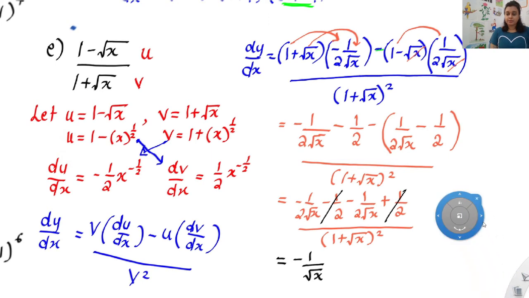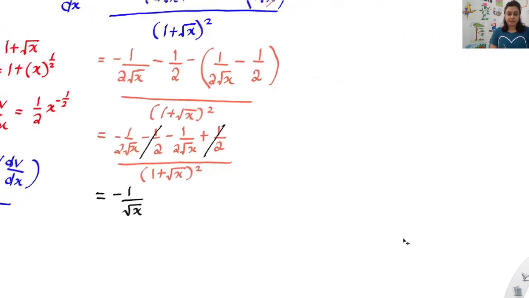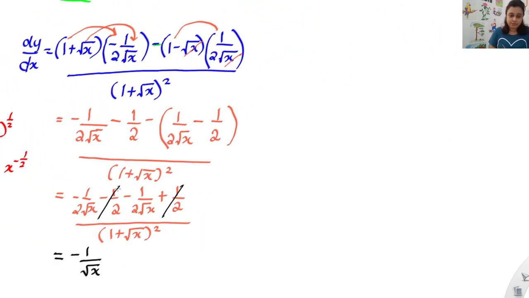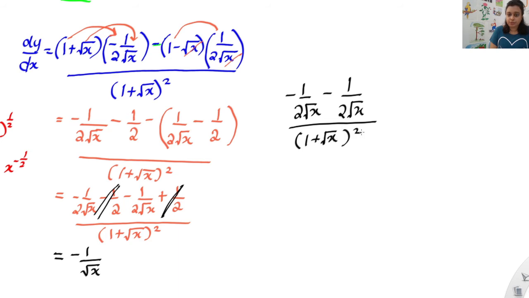Let me just show this part in detail. I'm going to focus here only. Look at these two, they cancel. What is left is negative 1 over 2 square root x minus 1 over 2 square root x, divided by the whole thing, 1 plus square root x power of 2.